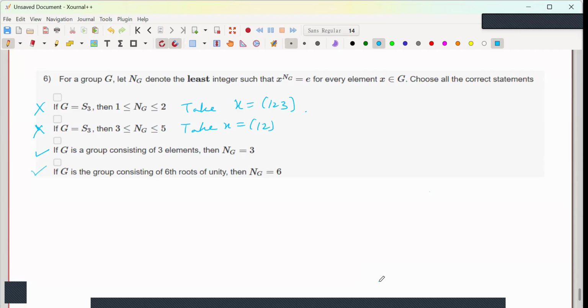For any finite group G, if a prime P divides the order of G, then the group has an element of order P. So this statement is a specific case of that theorem. Here, what is P? P is 2. Because if the order of the group is even, then the prime 2 divides the order of G, and hence there should be an element of order 2.